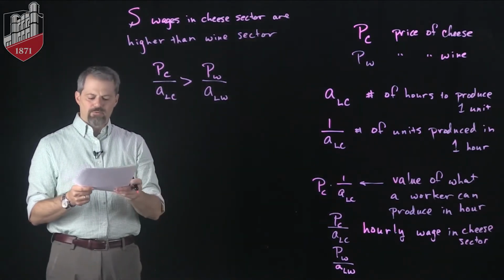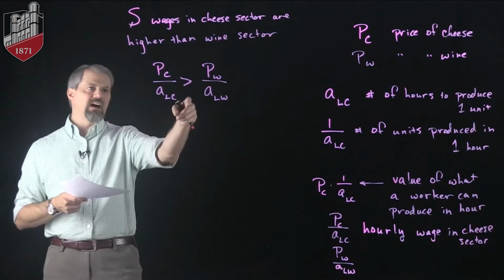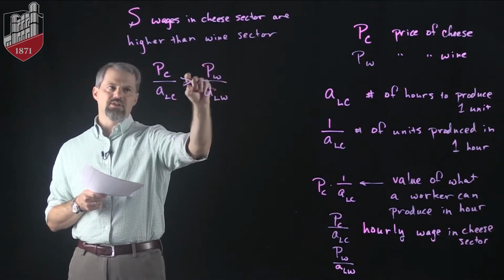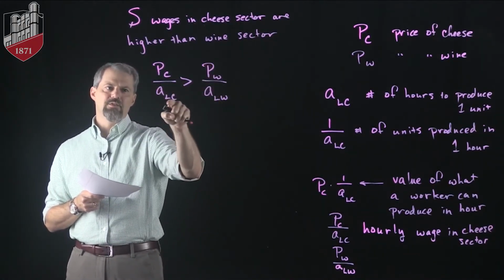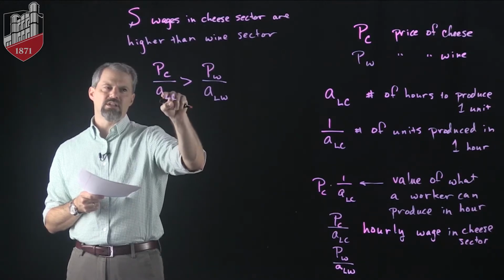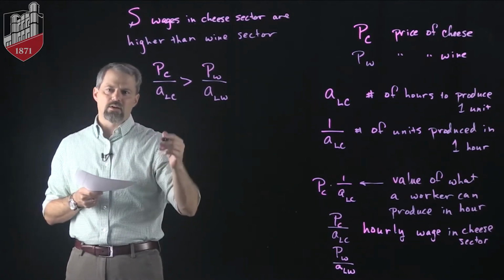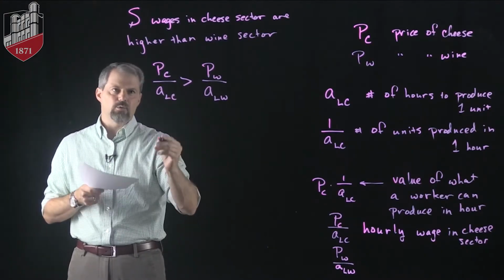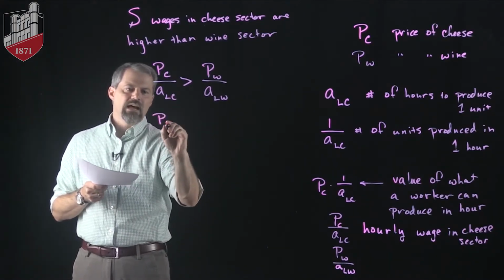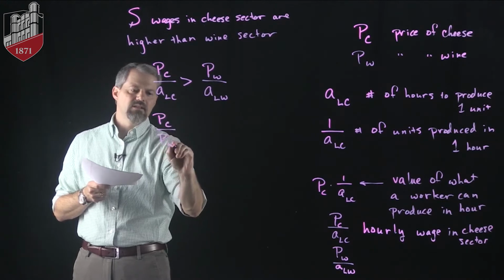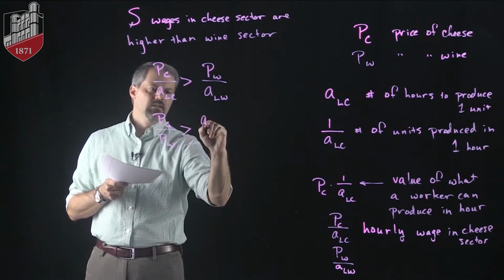Now let's do a little bit of rearranging there. I'm going to divide both sides. I'm going to move this PW down here, and I'm going to move that unit labor requirement for cheese right up there. So since this is an inequality, I can do that without changing the inequality or anything like that. So I can rewrite this equivalently.